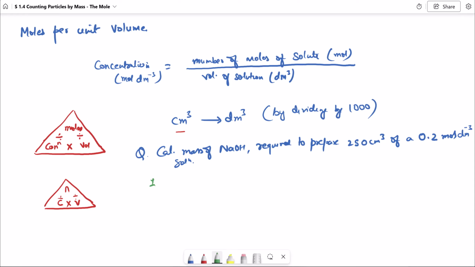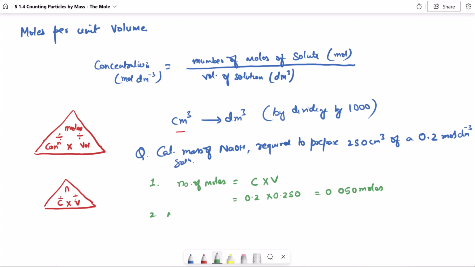Very simple. First, you use the formula triangle and find the moles of NaOH needed. So, can we say number of moles equals concentration into volume? That means 0.2 into 0.250, which is 0.050 moles, right?